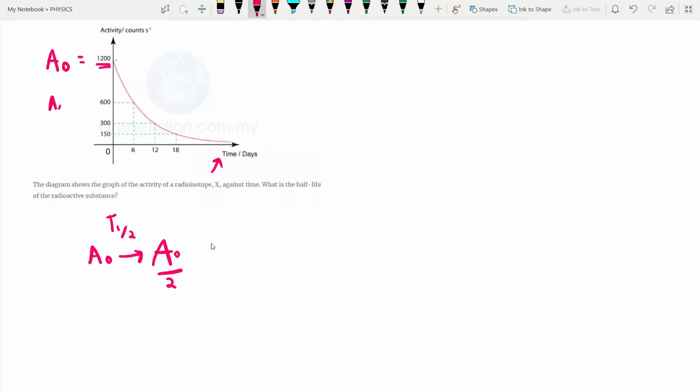So this is A0 bahagi 2. This one 600. And then kita nak tahu masa dia, right? So kita try untuk cari berapa x-axis untuk 600 punya activity ataupun count. So we can see that dia punya half-life adalah 6. 6 apa? 6 hours ke apa? Tengok unit dia. So the answer would be T half is 6 days. Alright, so it's very simple.